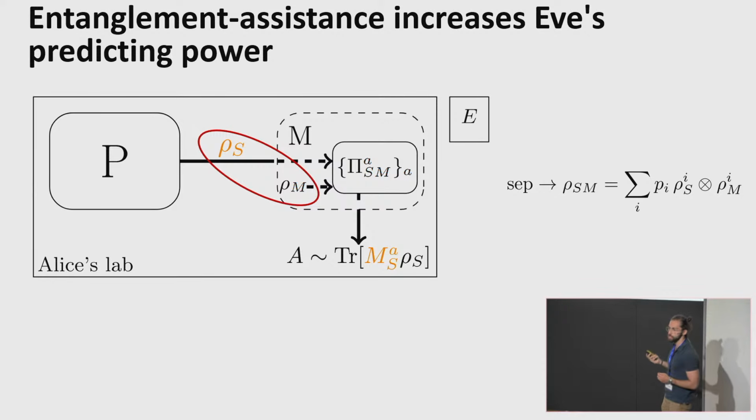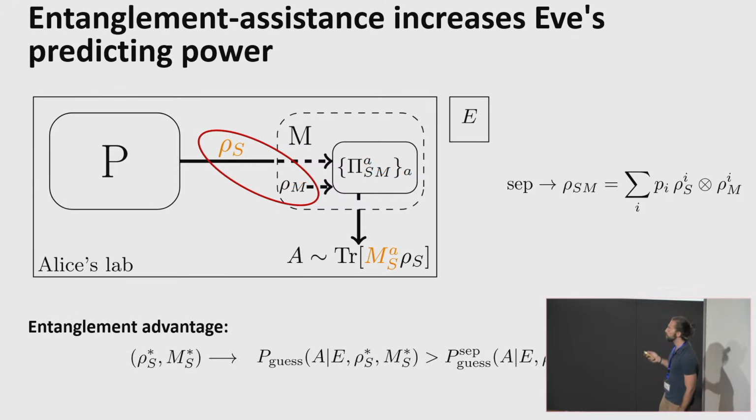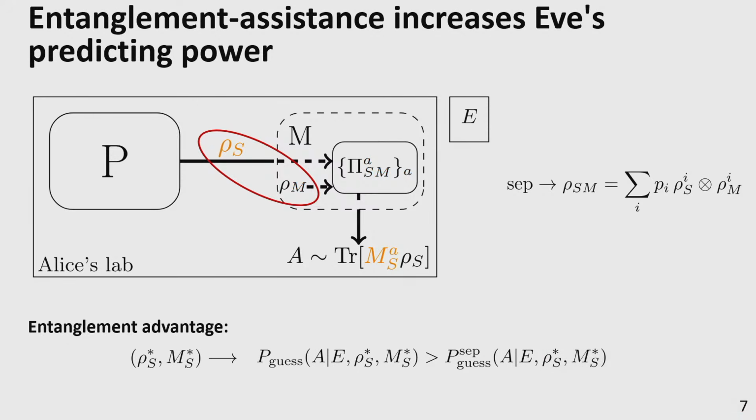That means that the global state between S and M is just a convex combination of product states. And what we observed is that we can construct a state and a measurement such that the guessing probability of the outcome from the point of view of an adversary is higher when correlation and entanglement is allowed between the two systems, compared to the case in which entanglement is not allowed.